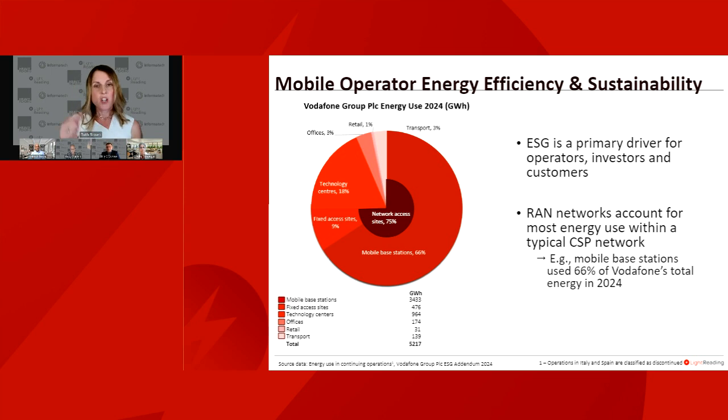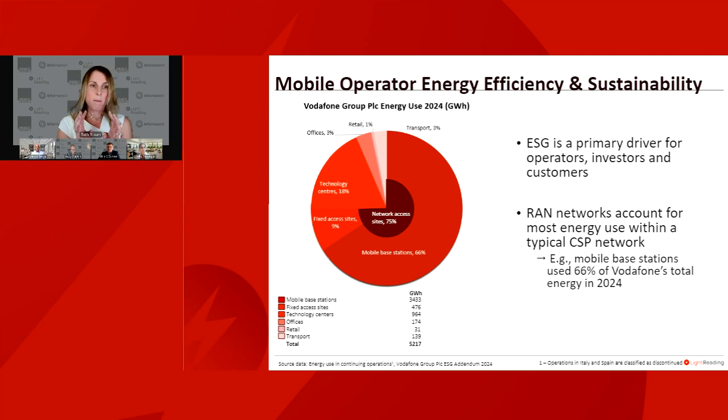The chart I'm showing on this slide shows a typical operator example, using data from Vodafone Group PLC's 2024 ESG addendum data, for their global usage. The graph illustrates the large amount of energy that both fixed and RAN networks use within a mobile operator's business.